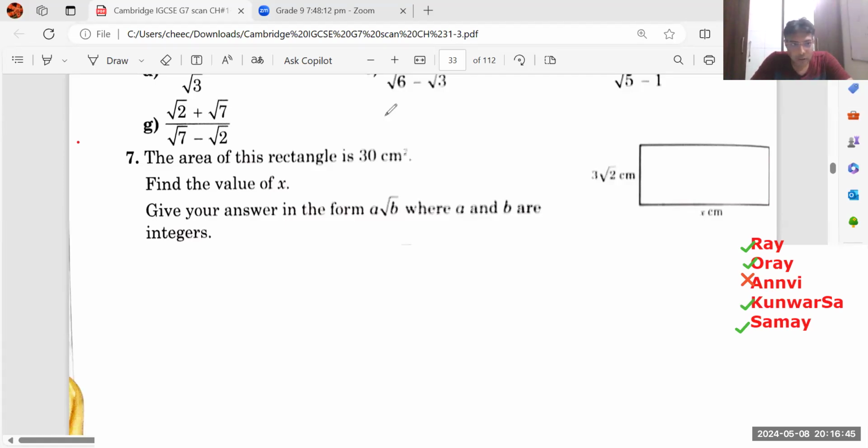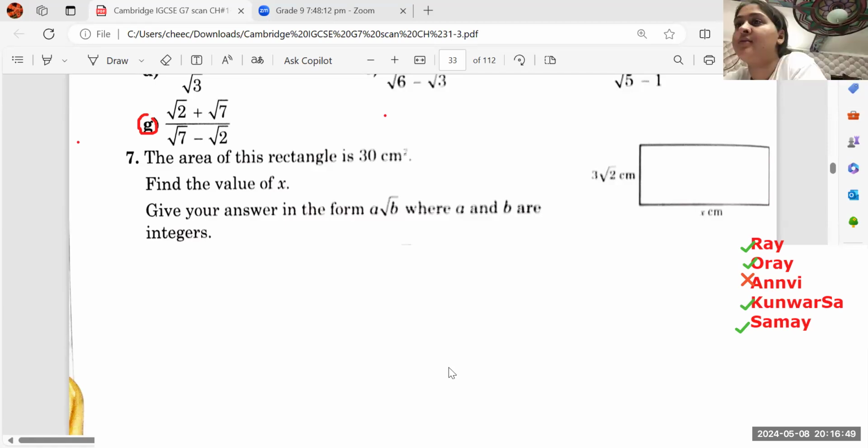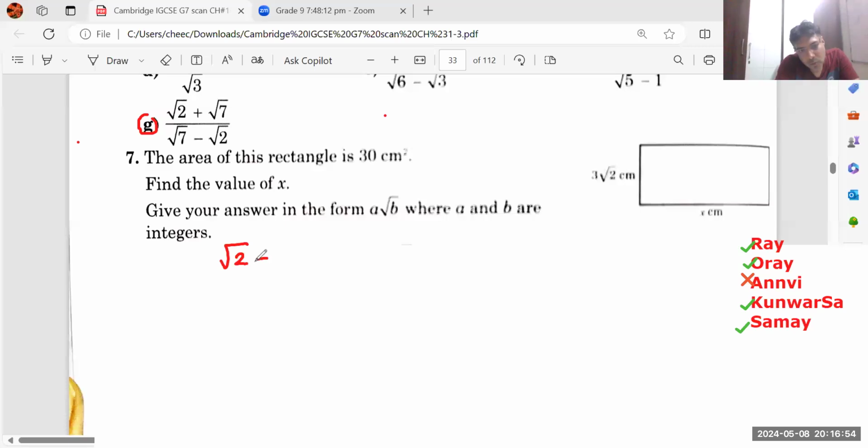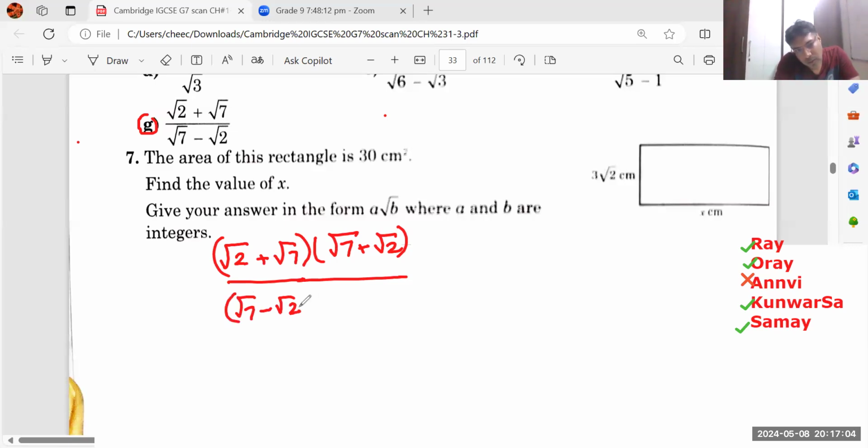All right, Anvi, should I solve it? Yes, sir. So we will multiply by root 2 plus root 7 multiplied by root 7 plus root 2 upon root 7 minus root 2 times root 7 minus root 2. So this has become a plus b whole square, so a square plus b square.